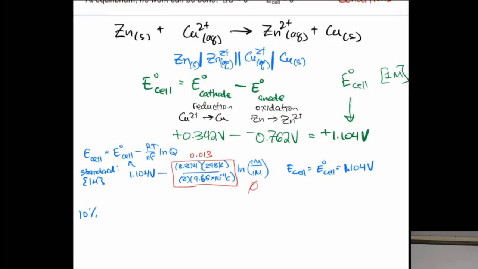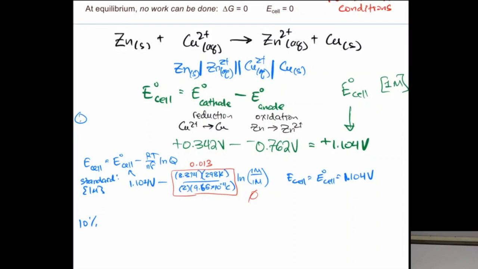So Q is just going to be, what is Q going to be equal to? The reaction goes as written. So the products, it's going to be the concentration of zinc ions divided by the concentration of the copper ions. So if 10% of this reaction commences, that means the zinc is going to increase by 10% and the copper is going to go down by 10% because we're going from reactants to products. Everyone with me here?